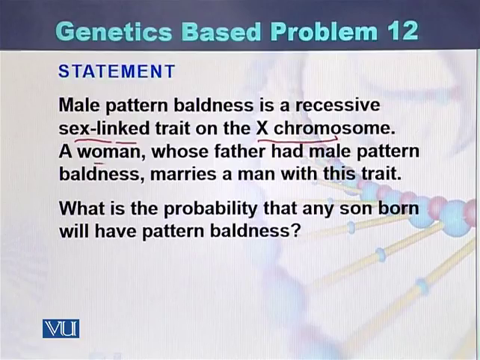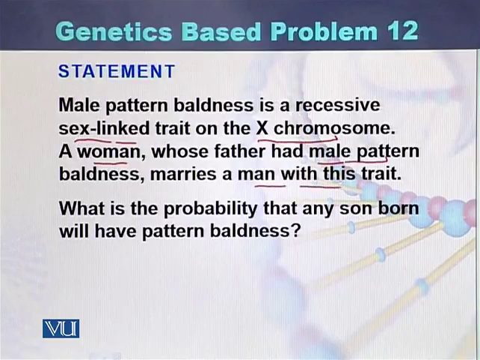A woman who has a father with the same disease, that is male pattern baldness, marries a man who also has this disease. So the person she marries has this disease, as well as the father of the woman.